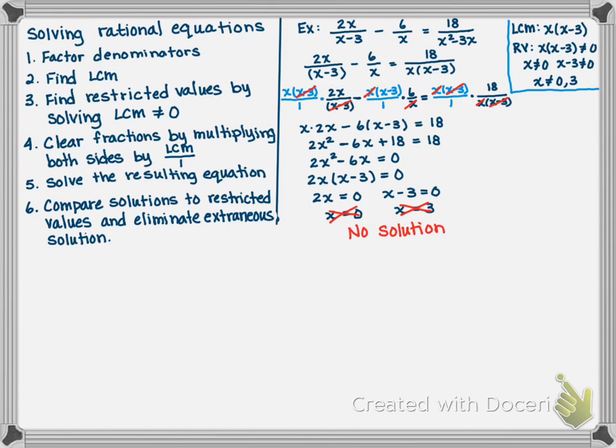Because 0 and 3 are perfectly good solutions to this equation, which is what we got after we cleared fractions. They just don't happen to be solutions to this equation because that equation has denominators in it. And so plugging 0 or 3 in will make that whole thing just not exist.